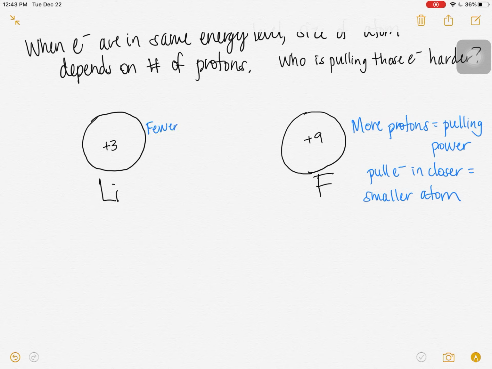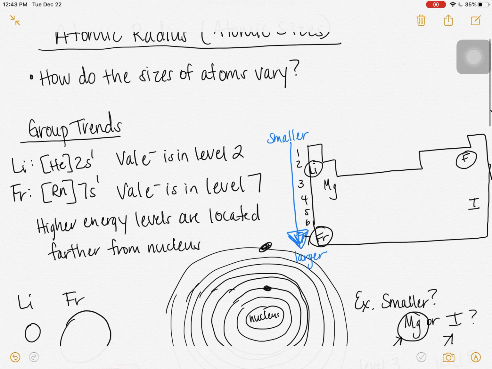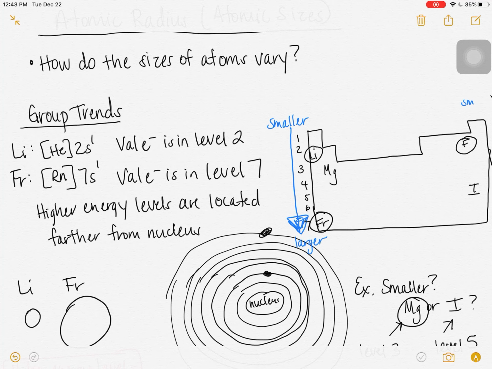Lithium has fewer protons, less pulling power, okay? So it's going to be a larger atom. So if I were going to draw a comparison of these two, maybe lithium would look like this, but fluorine is going to look like that. Okay, so in this case, the period, this is the smaller side, and this is the larger side. So it increases like this.